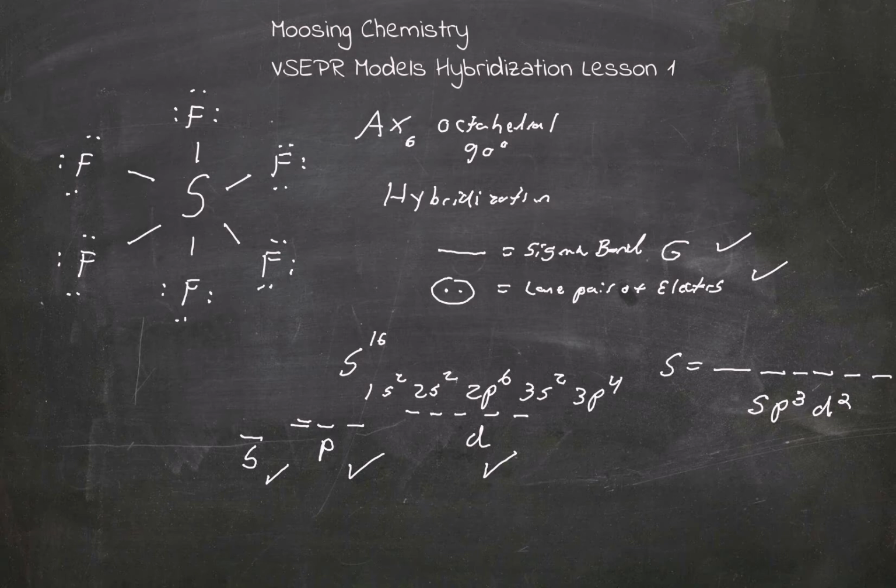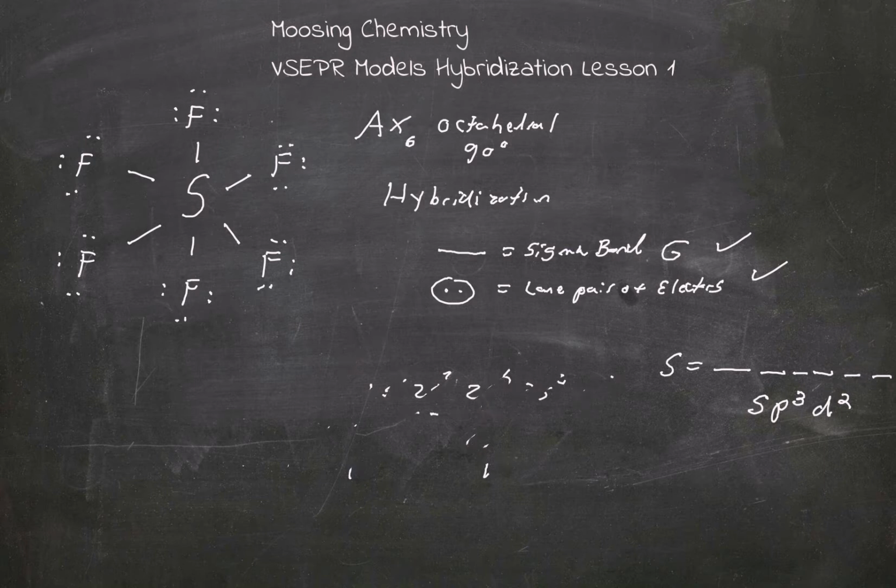So let me go ahead and erase this for a moment. I'll erase all this right here, because we already know the electron configuration of sulfur. That's not a big deal. So it's going to take a few moments for me to erase while you're thinking about everything I just said. There's another way to look at it to make things a whole lot easier to do.